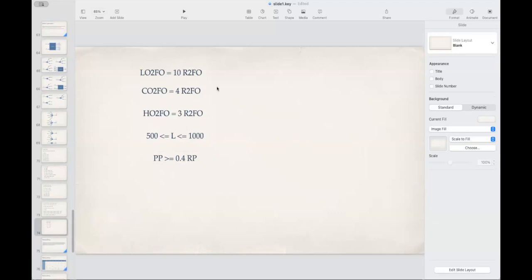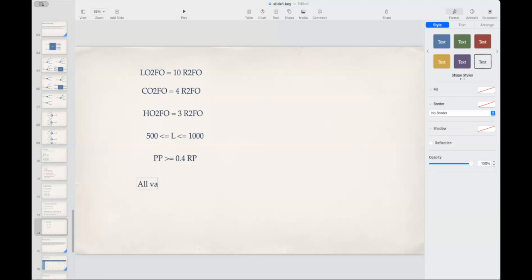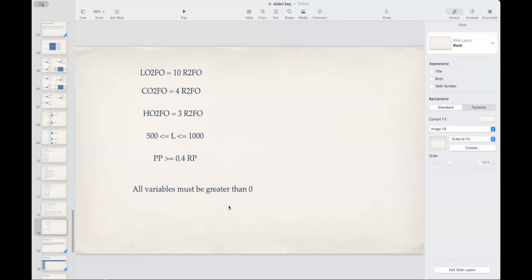All variables must be greater than 0. Okay. This is really important. Without this constraint, I guarantee that you will not obtain the optimum solution.